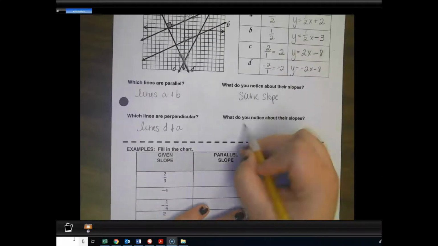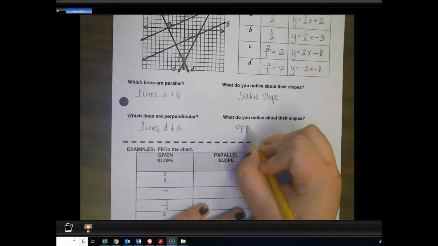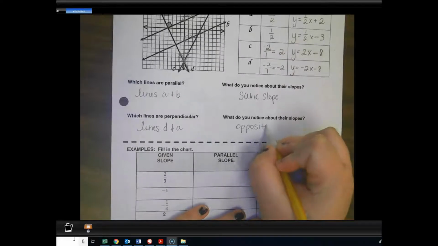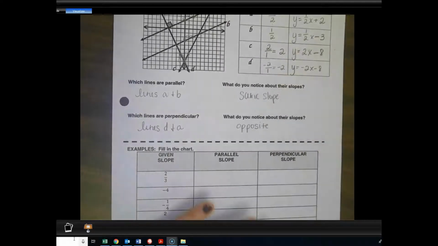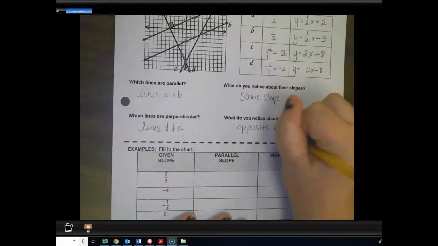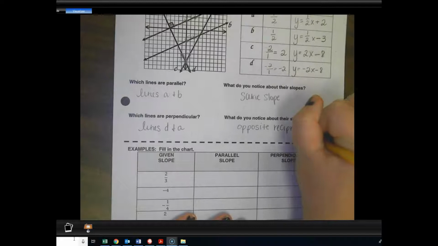They're reciprocals, but they're opposite reciprocals. That means one was a positive and the other was a negative, but they were the fraction flipped. Opposite reciprocals. So we're going to be working a little bit with that parallel and perpendicular concept.